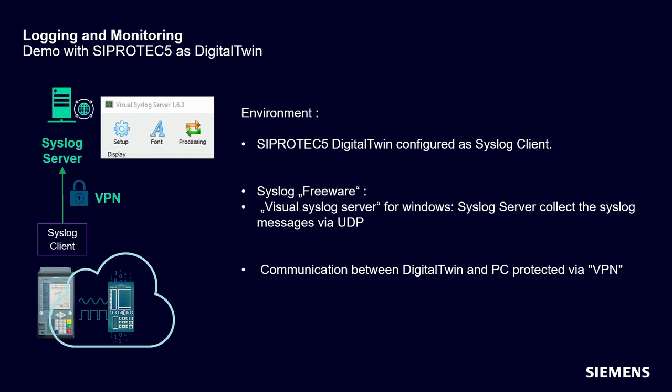And as syslog server, we simply use a Windows freeware called Visual Syslog Server. The digital twin and my PC are protected via a virtual private network. And clear, I also have DIGSI 5 installed on my PC to activate the settings for the cybersecurity feature. And via HTTPS, I can access the web page of the SIPROTEC 5 device.